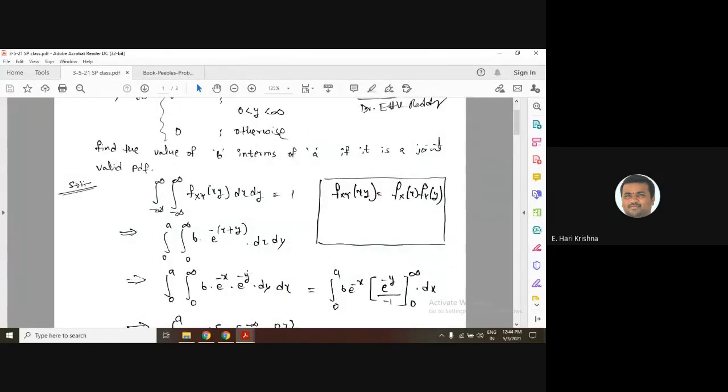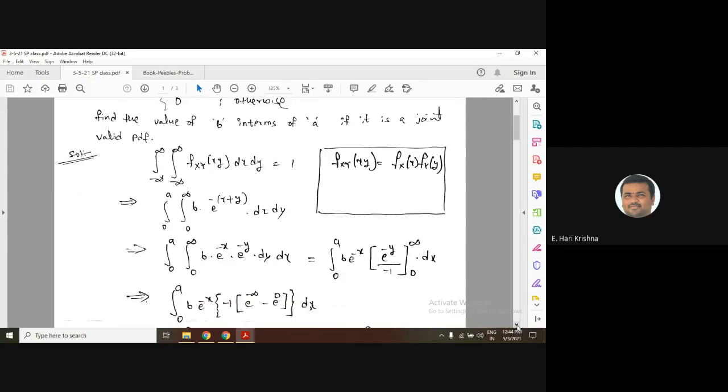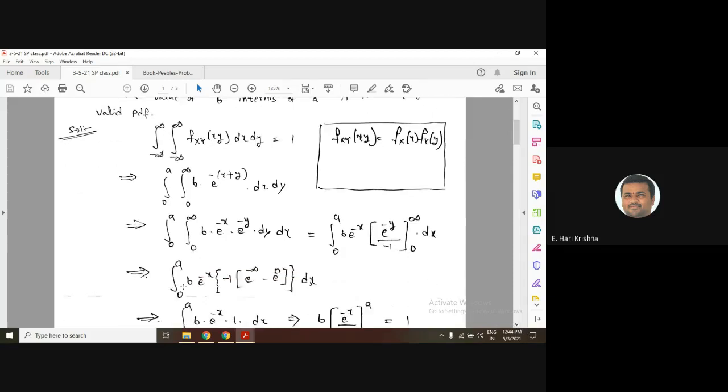And the integration of e power minus y is e power minus y by minus 1, because we are integrating with reference to y, with integral limits from 0 to infinity. And one more integration is there, that is with reference to x. So continuing the evaluation, integral 0 to a, b into e power minus x.